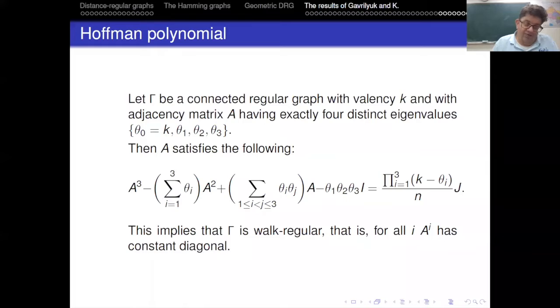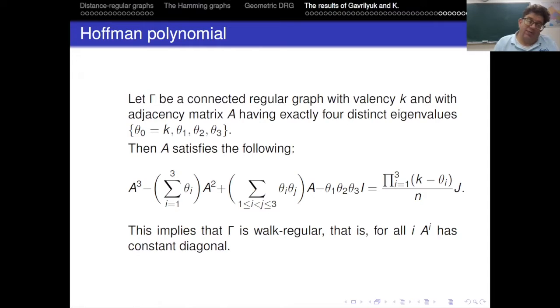So A cubed is a linear combination of these 4 matrices, and therefore A to the power 3 must have constant diagonal. And then you can always multiply by A and so on. If A to the power 3 has it, then A to the power 4, 5, 6, 7 all have this.